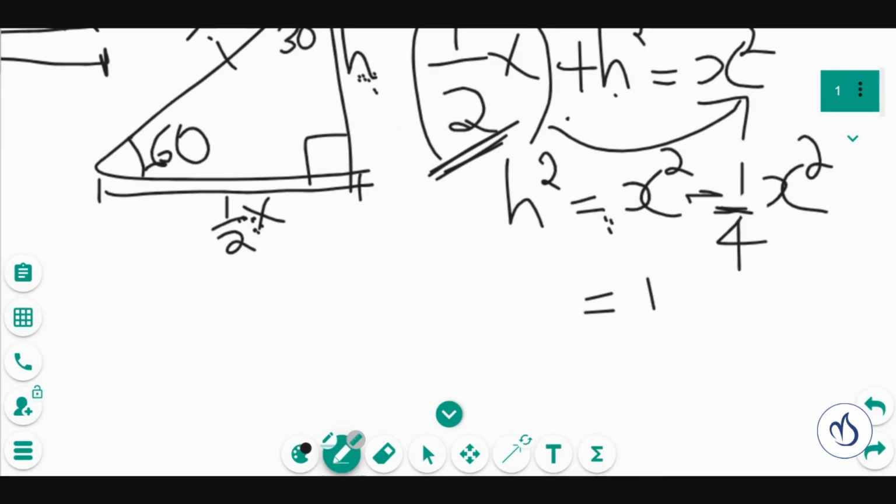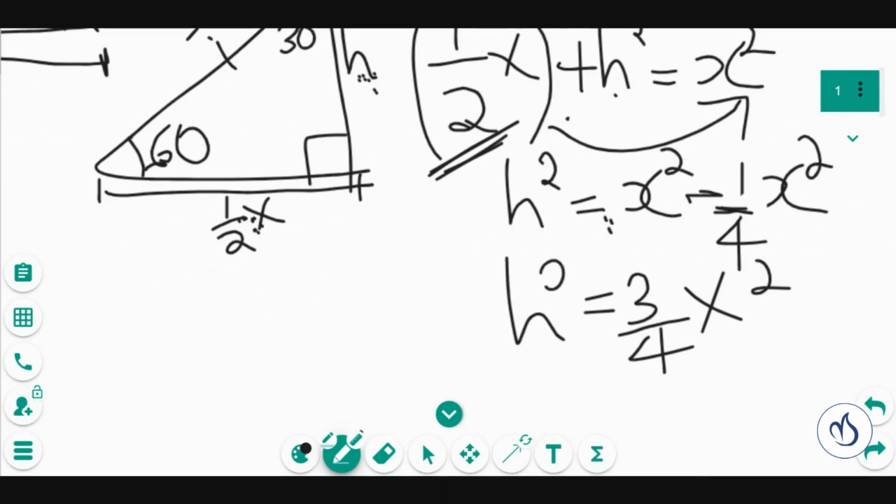So I actually have 3/4 x squared. That is the value of h squared. And of course, that was going to imply that, to get the value of h, I simply take the square root.